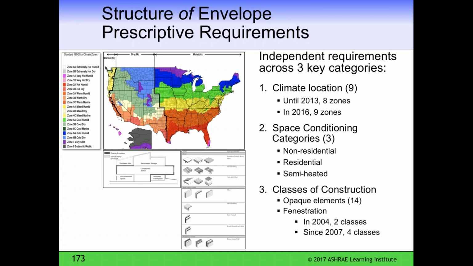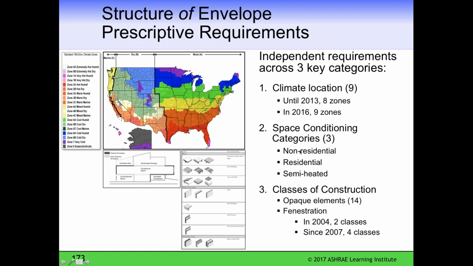And you see then climate zone 6 and 7, and 6 would also go to Toronto, and we'll see that later. But these are the various climate locations, very important from determining your prescriptive requirements.